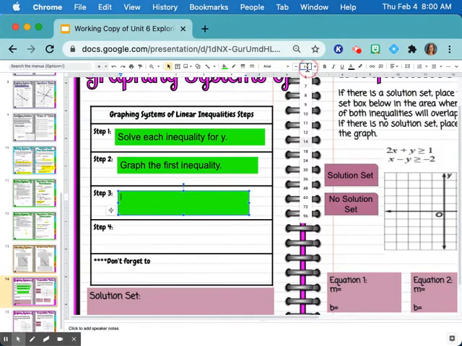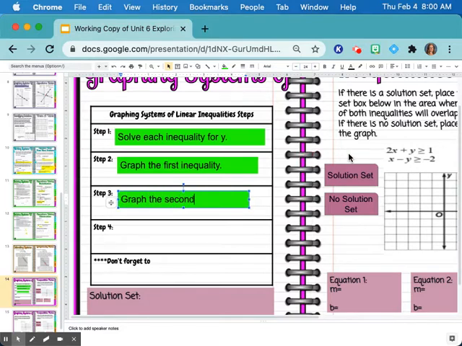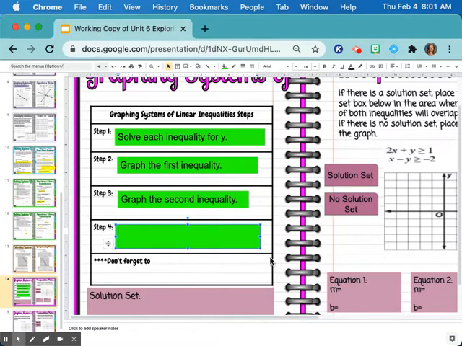Step three, graph the second inequality. Step four is the solution set is the intersection of the two shaded areas.